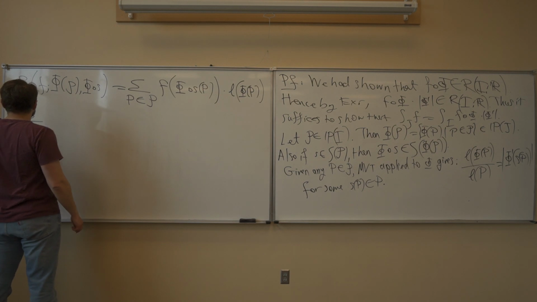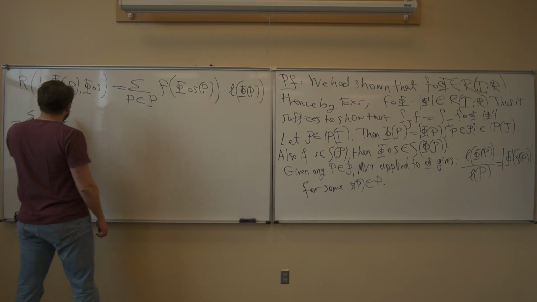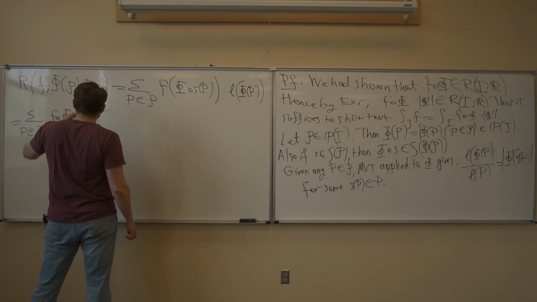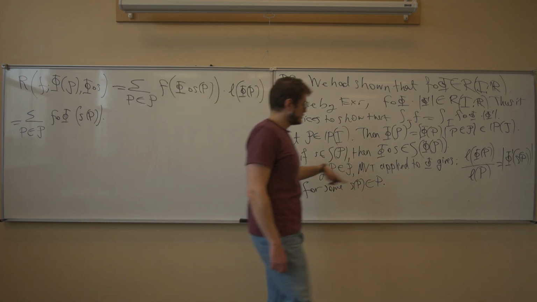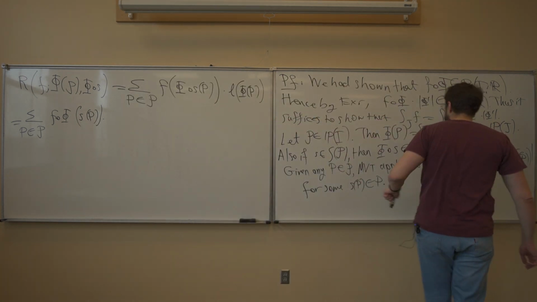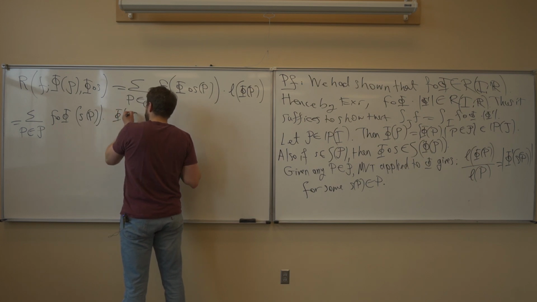So this becomes this, evaluated at S of P times length of P times this, which I can write like this.